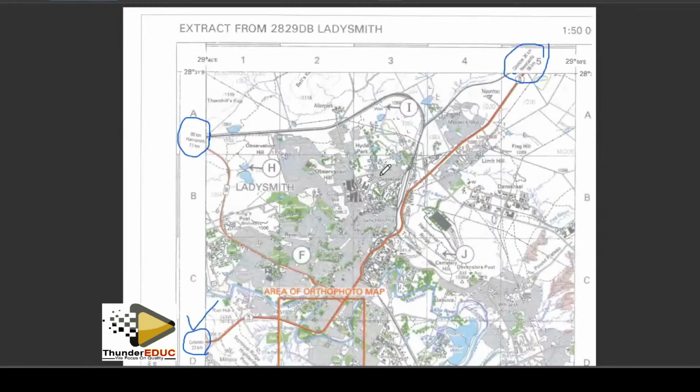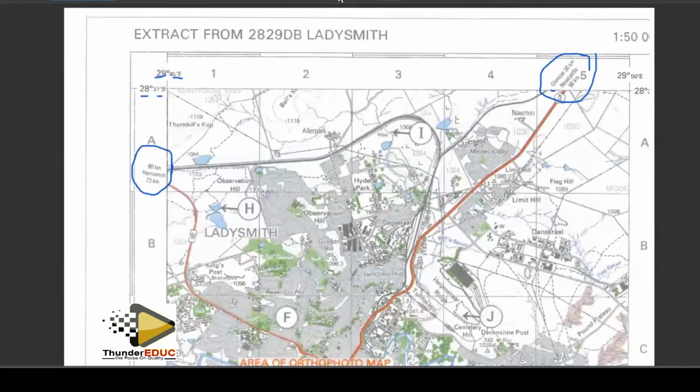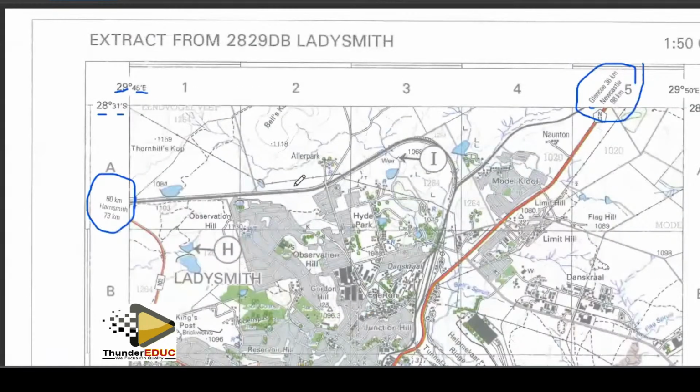Right. What you do here, you go to your map. Our degree values and minute values are given. What you only need to find out is the second value. Our degree and minute values of latitude are given. If we check here, this is 28 degrees of latitude and 31 minutes to the south along this line.